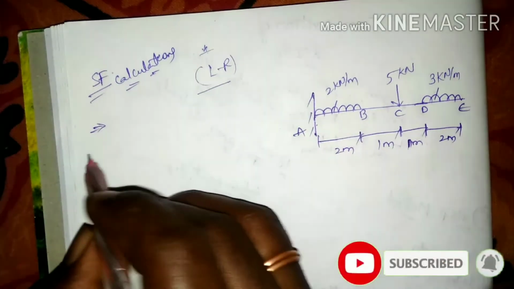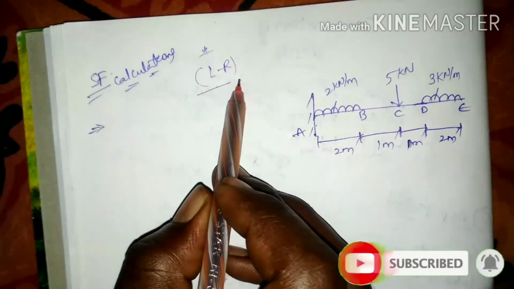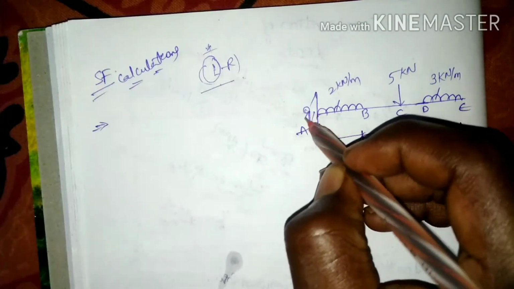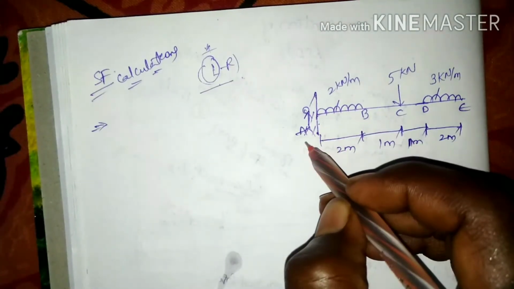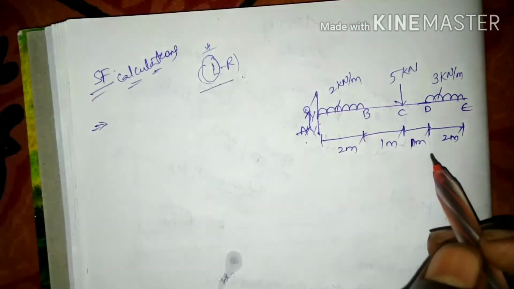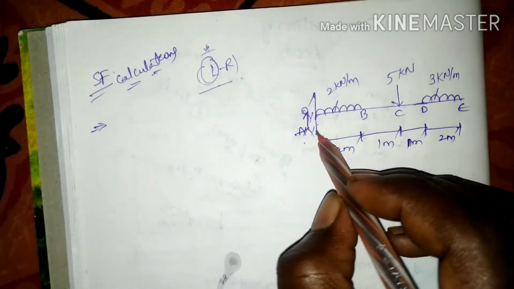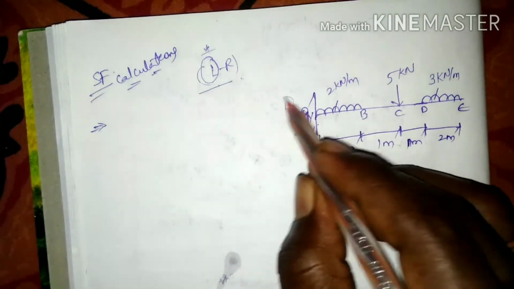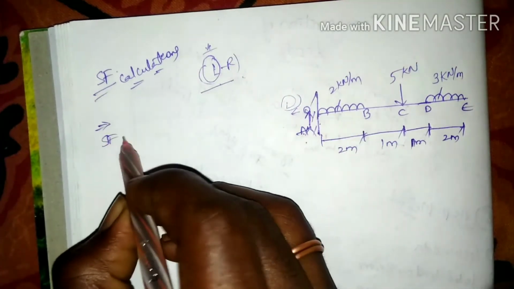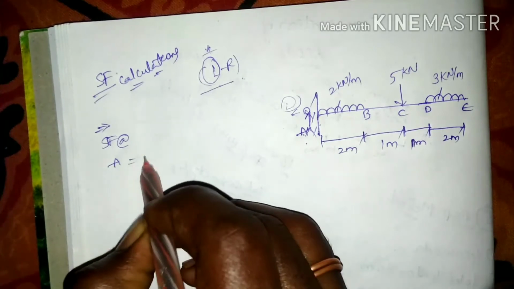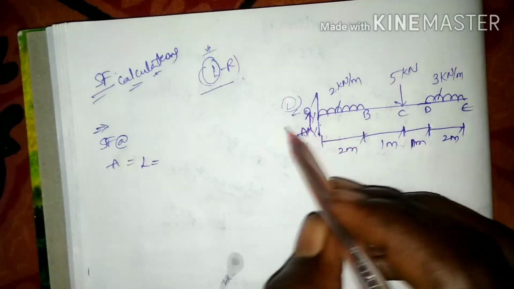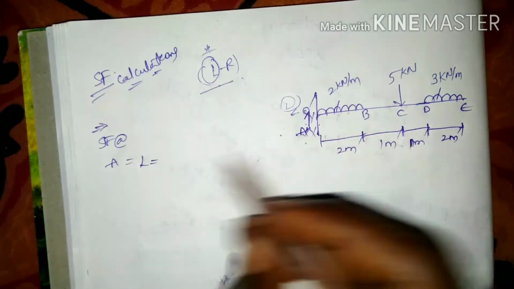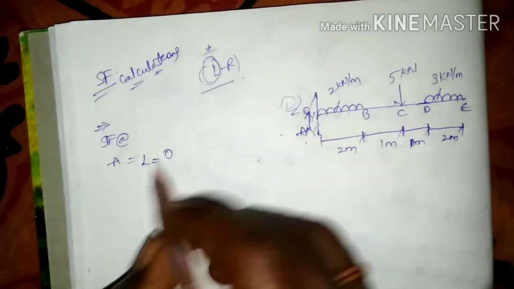Left to right means standing on the left side of the support or point. Here at A, I am going to stand at the left side and look to the left, so the shear force at A, looking at the left side, has no reactions or any forces acting on this beam, so it is 0.